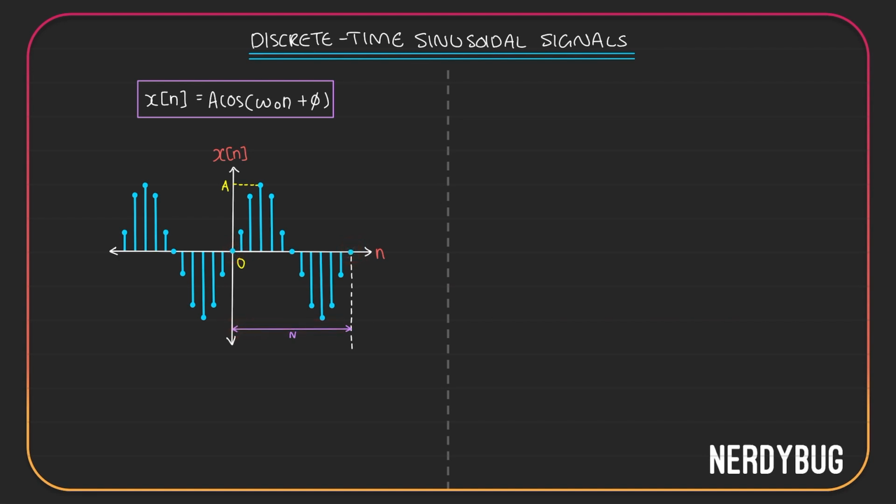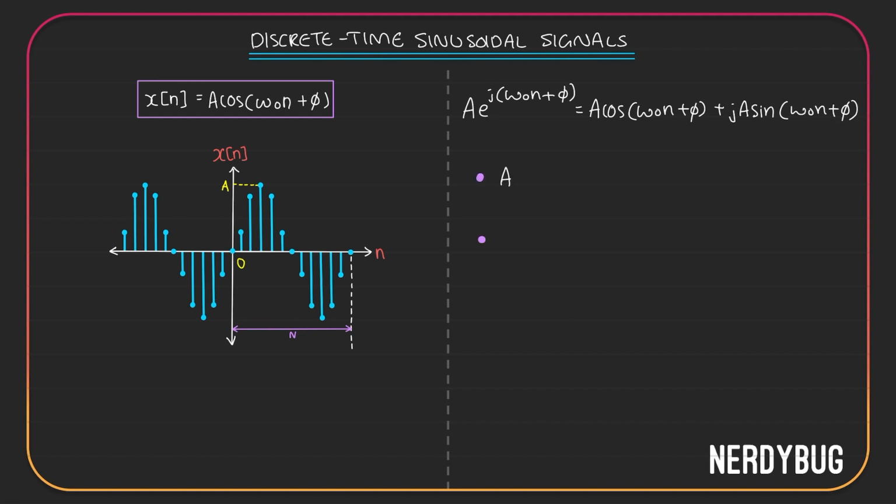Let's bring in Euler's formula again. So here if I take e raised to j(omega naught n plus phi), using Euler's formula, I can write this as A cos(omega naught n plus phi) plus j A sin(omega naught n plus phi).